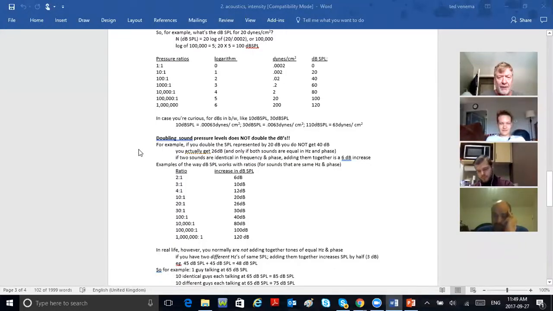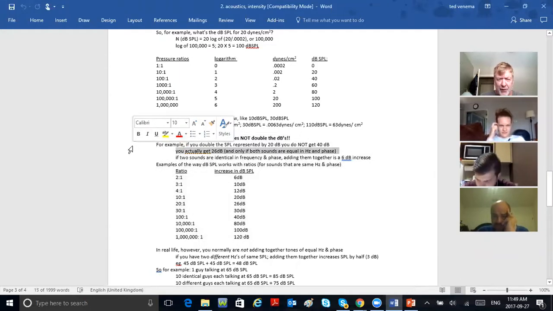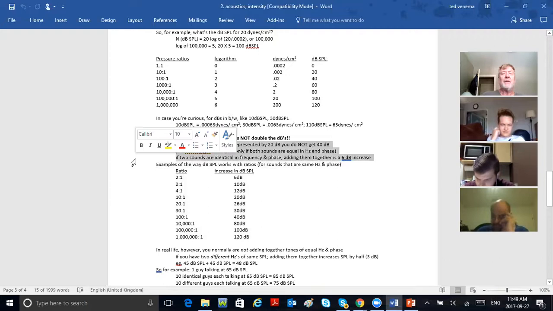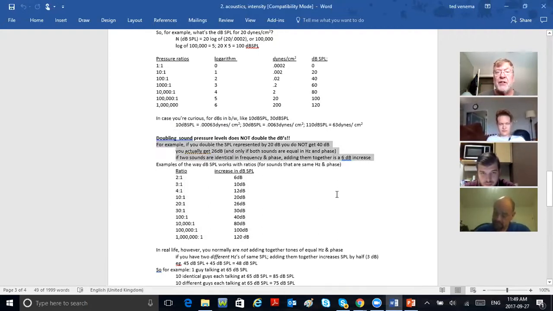If you double the decibels SPL, represented by 20, you don't get 40. 20 times 2 is not 40. You actually get 26. And that's only if both sounds are equal in frequency and equal in phase.